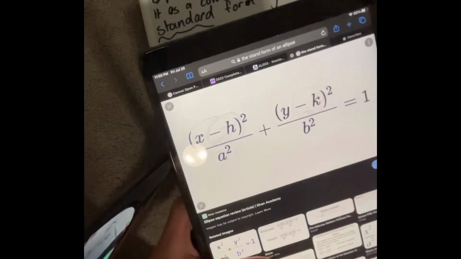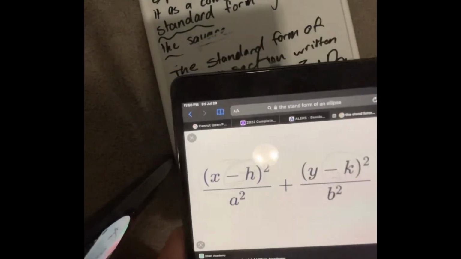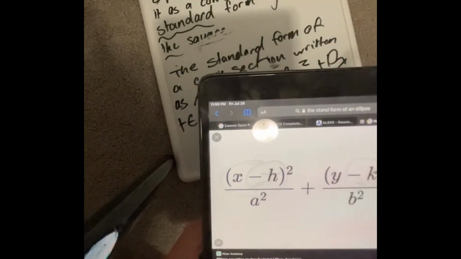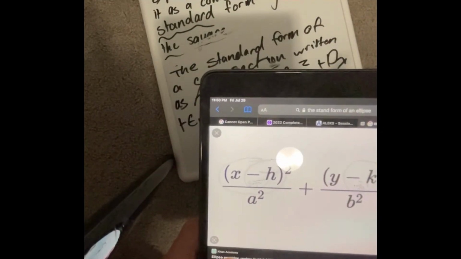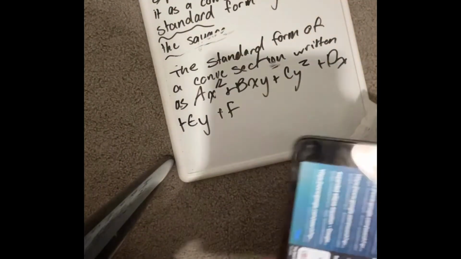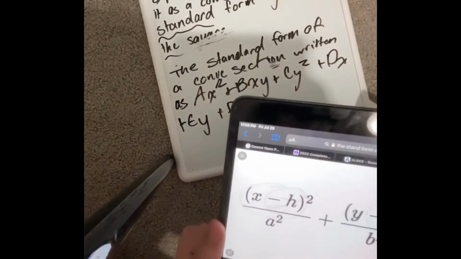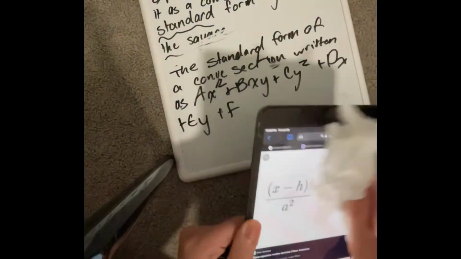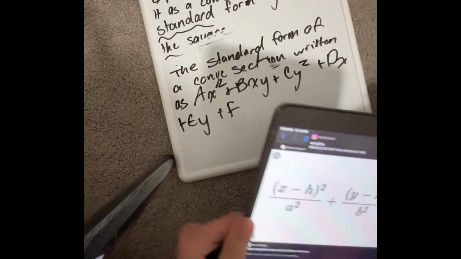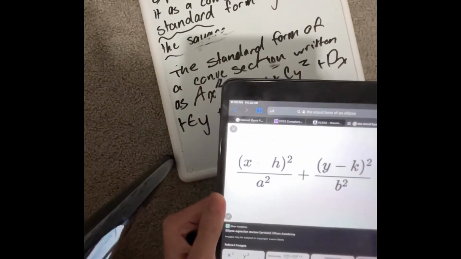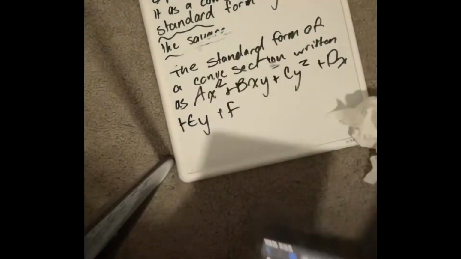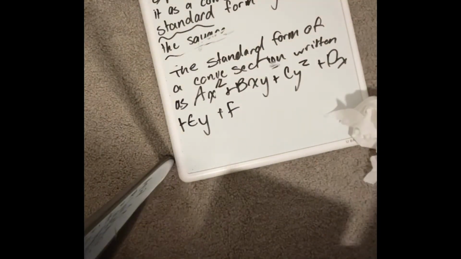It also shows where our lengths are. And to solve for this, we are going to complete the square. As said before, the reason we do this is so we can graph it easier. Unlike this, it will be way harder to graph.